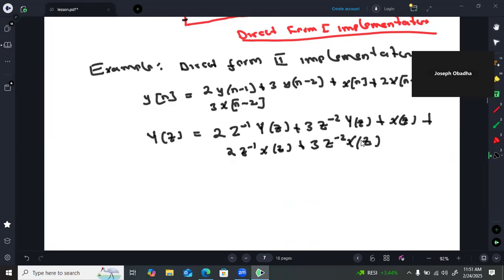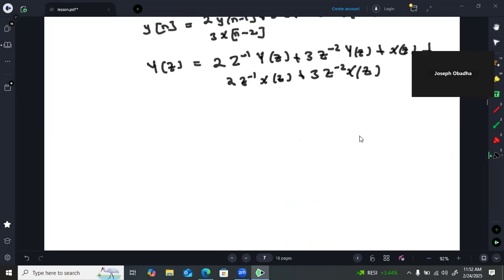Basically, we want to obtain the transfer function. So it will mean that I will write the like terms together.